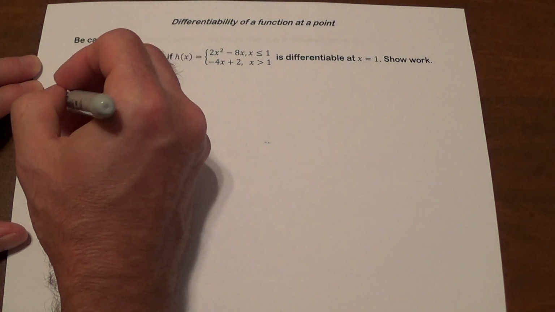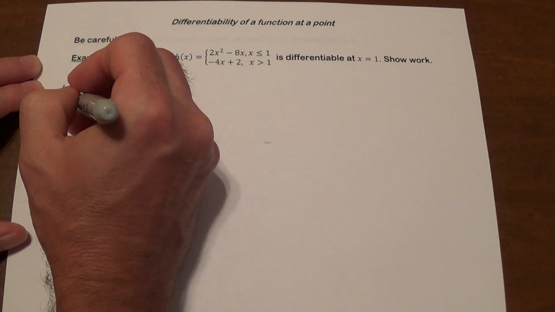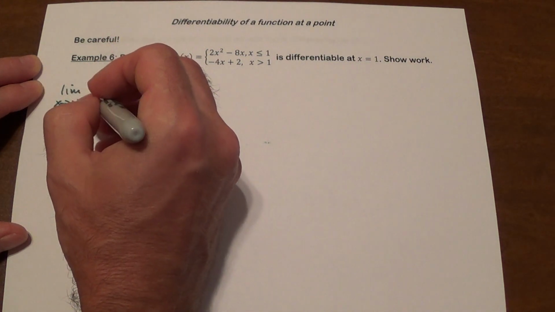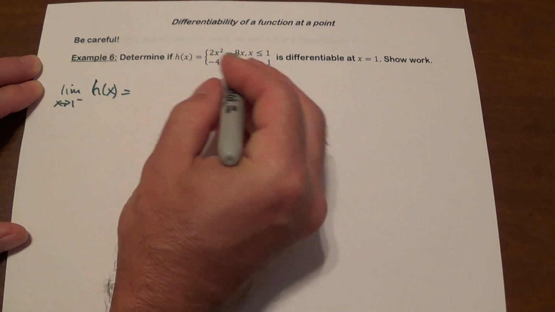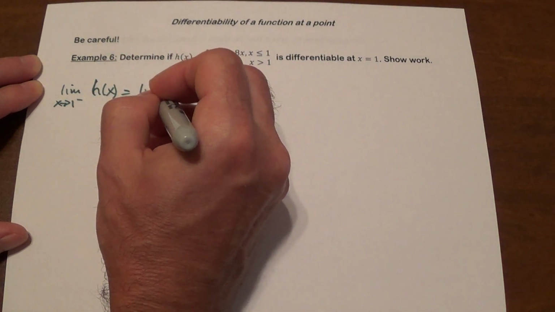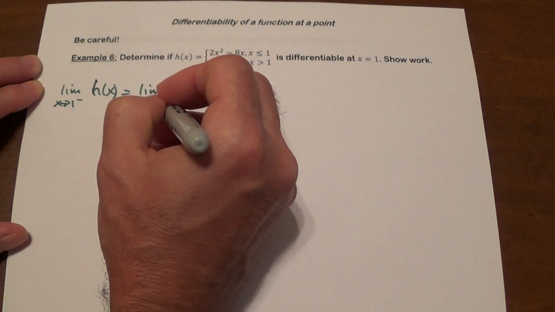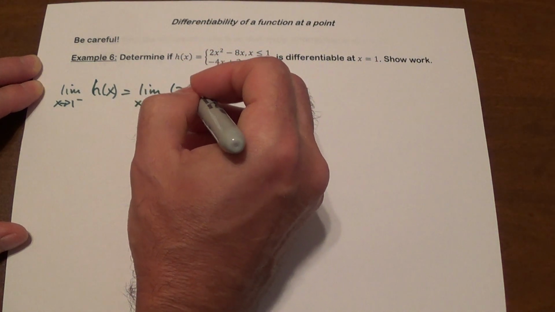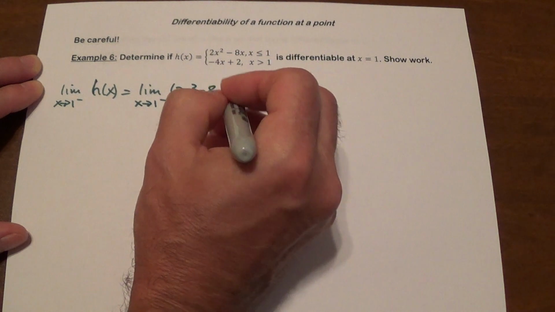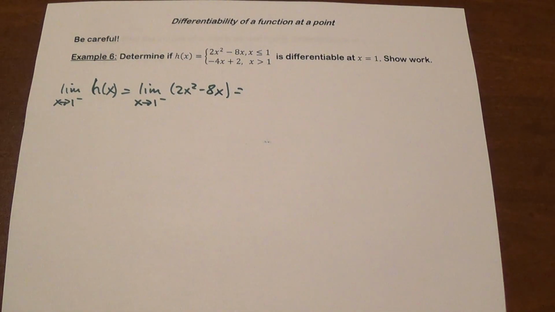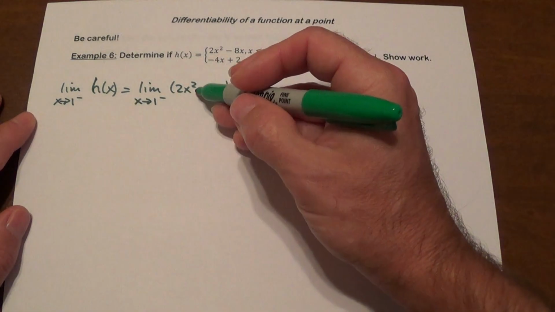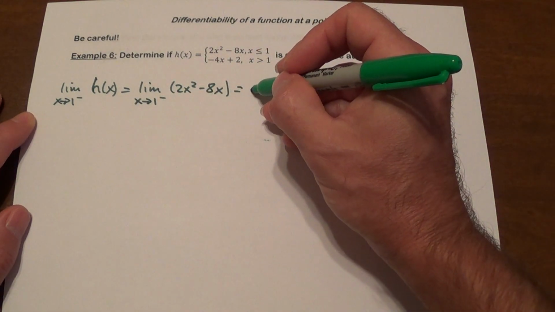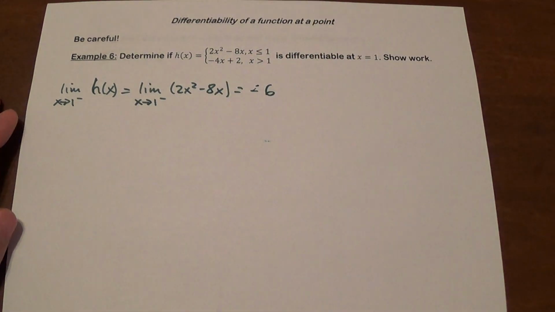So the limit as x approaches 1 from the left of h of x, we're using the first equation, so it's the limit as x approaches 1 from the left of 2x squared minus 8x. When we substitute 1 into this expression, we get 2 minus 8, which is negative 6.